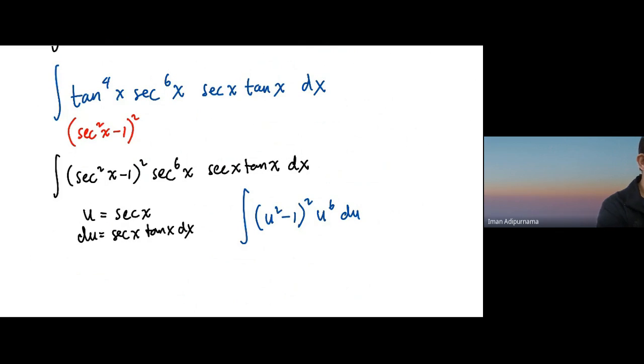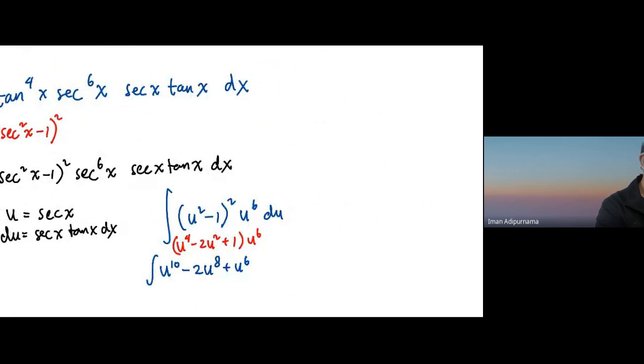So we can have a little bit of expansion first. Let's solve this first. We will have u to the 10 minus 2u to the 8 plus u to the 6. That's the integral. U to the 10 becomes 11, so 1 over 11.